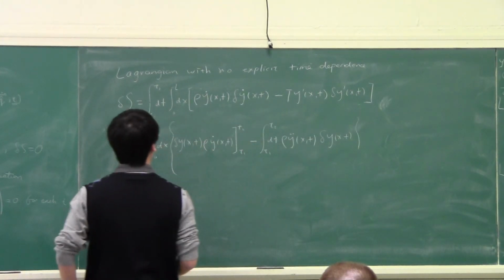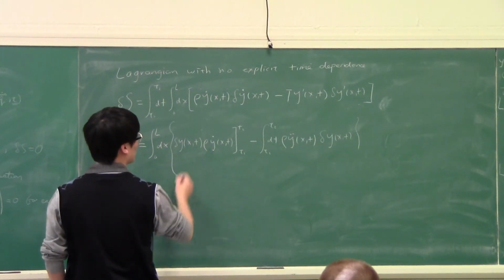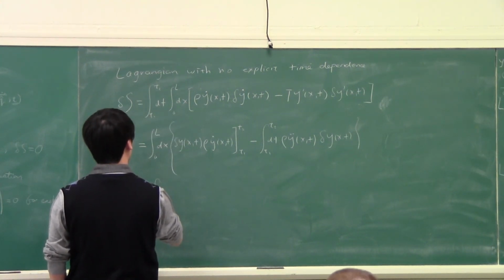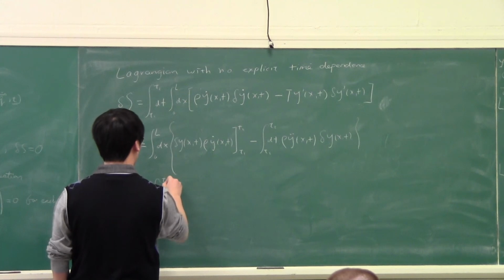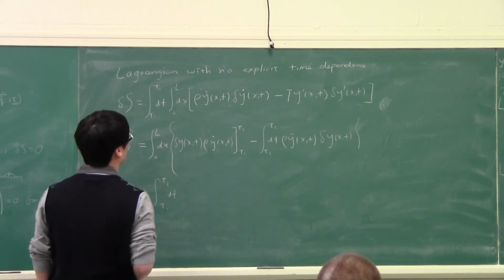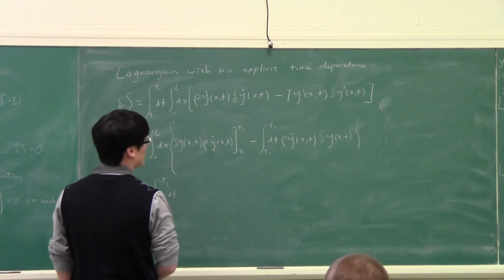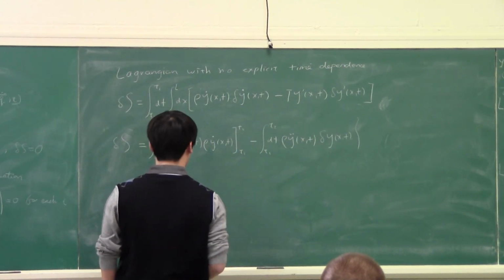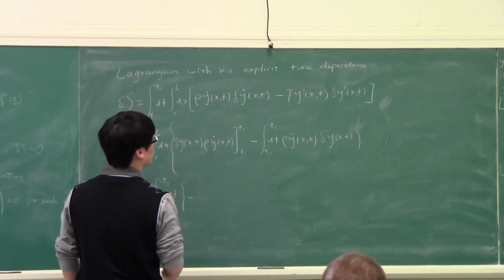So for the second line, we're going to use the spatial integration. So let's leave the time integration out. And the spatial integral, the integrated out piece, has a minus sign because of the minus sign to begin with. Okay.